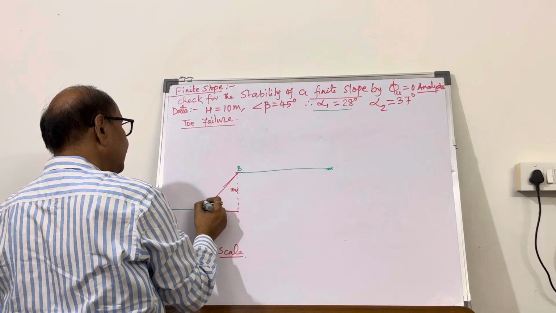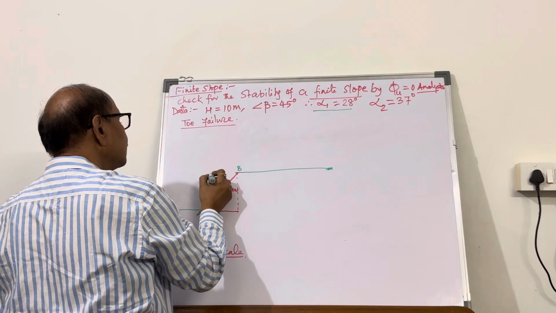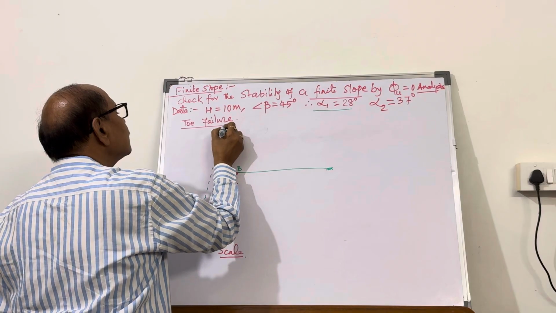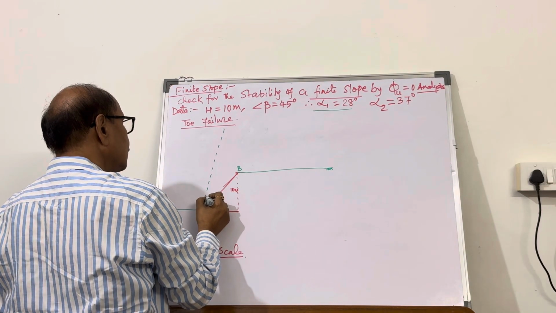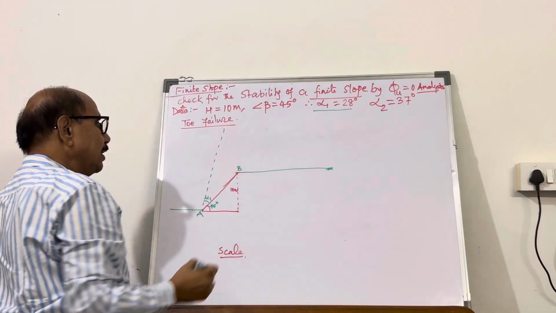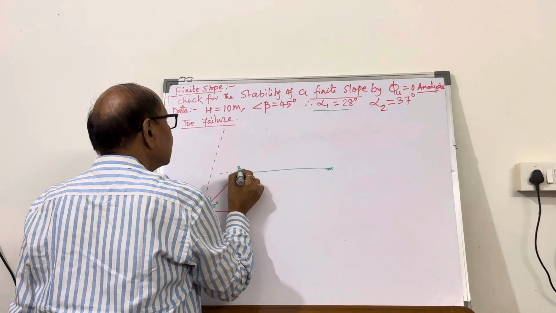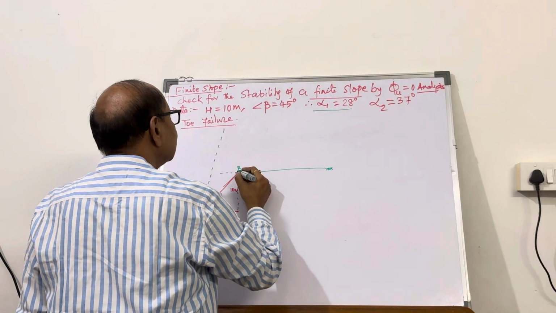So at 28 degree, draw a line, and at B, alpha 2 is given to you as 37 degree.